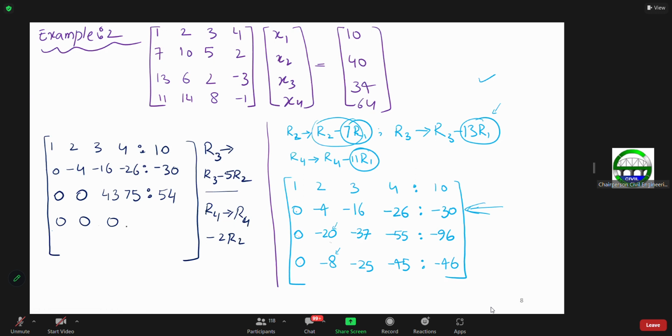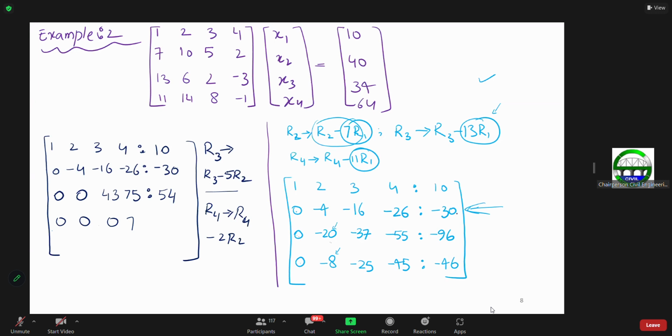And then what will this value be? This value will be 7. And we are going the right way.